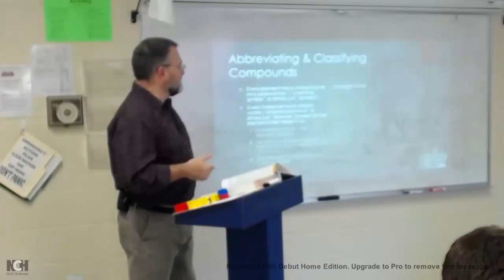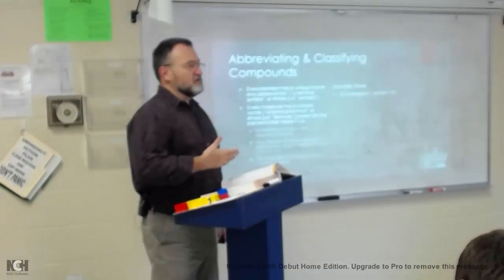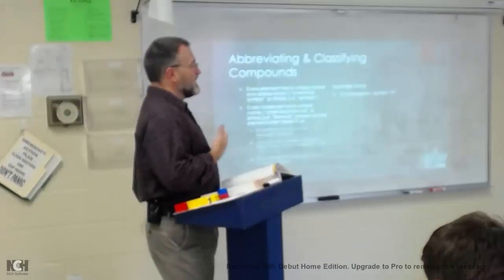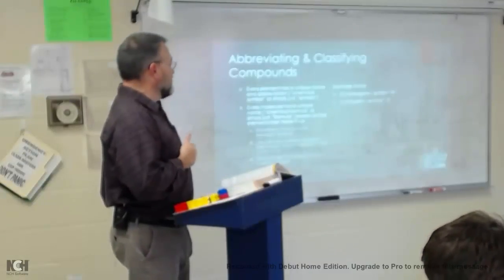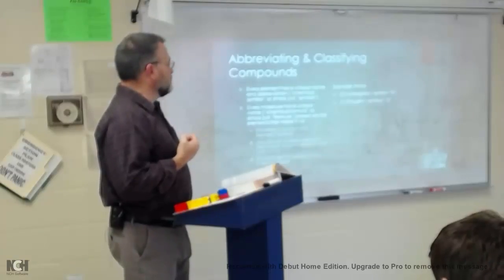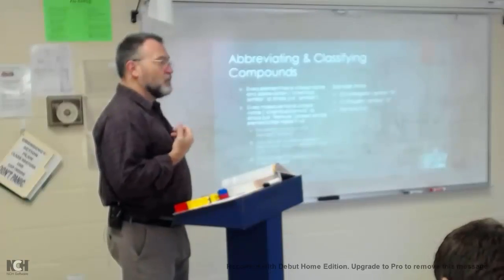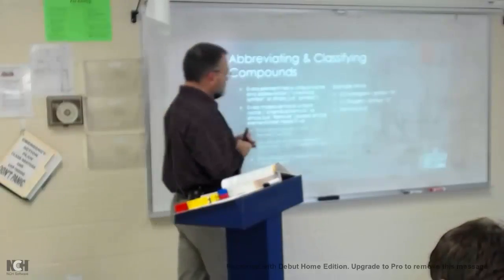Let's use the example here of water. 2 hydrogens, and hydrogen has the chemical symbol of H, 2 hydrogens and 1 oxygen, symbol of O, form to produce water. Water is H2O.